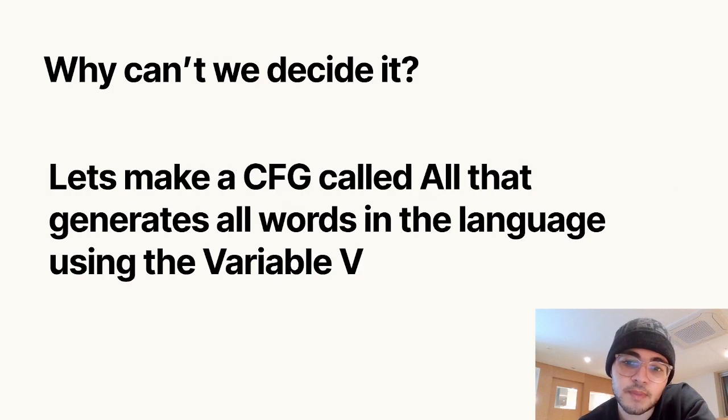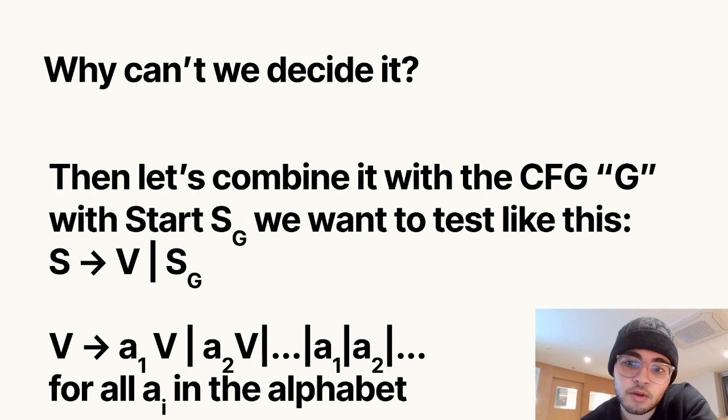Let's say we make a new CFG that can generate all the words. We can do that. We can generate all the words with a variable called V. And then let's connect the CFG we want to check, let's say it's called G, with this CFG.